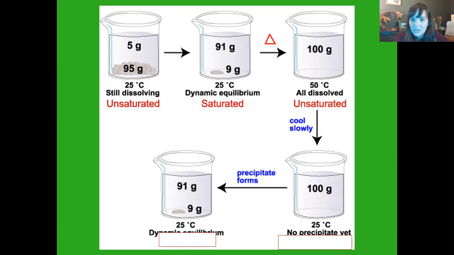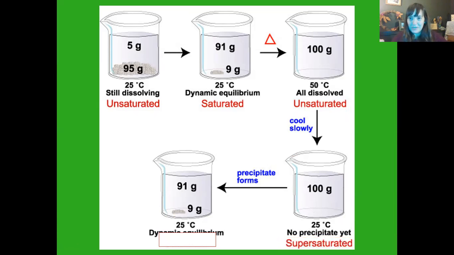Okay, now it's being slowly cooled back to 25 degrees Celsius. But you'll notice all 100 grams of solute are still in solution, still dissolved. Nothing has precipitated out yet or fallen to the bottom. So this solution, is it unsaturated, saturated, or supersaturated?